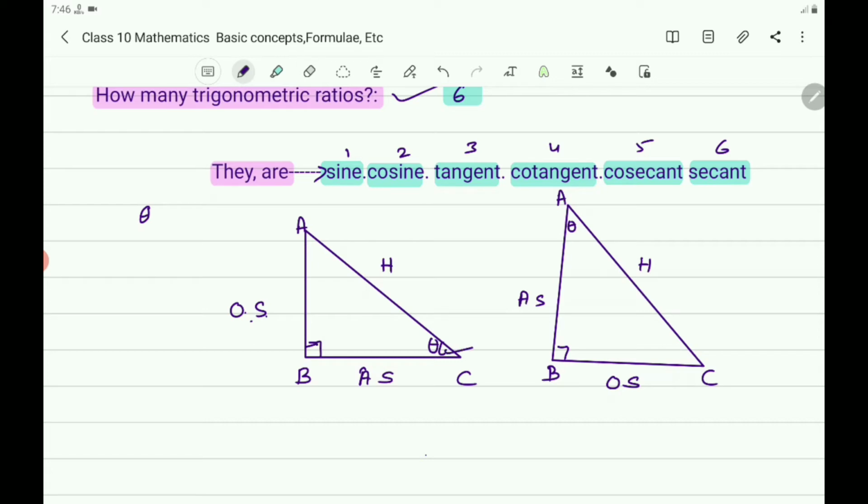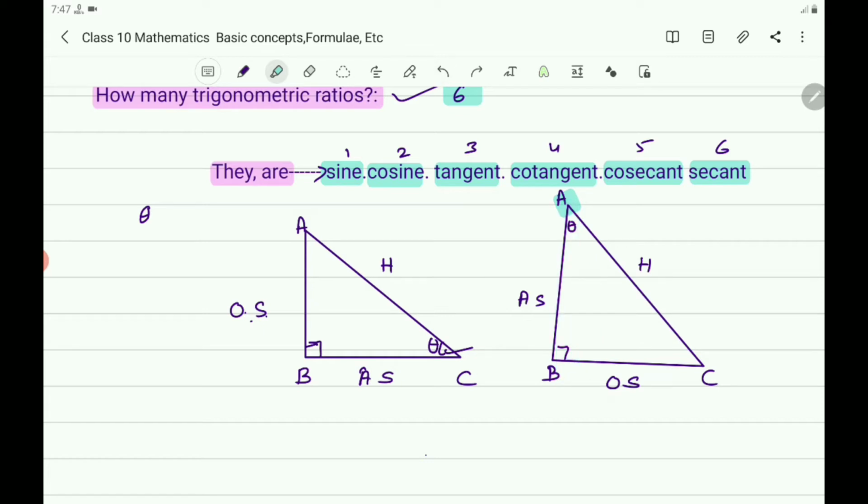So if you consider the angle C, AB is the side opposite to angle C, the acute angle, and BC is the side adjacent to angle C. If you consider the angle A, that is also an acute angle. Now BC becomes the opposite side and AB becomes the adjacent side.